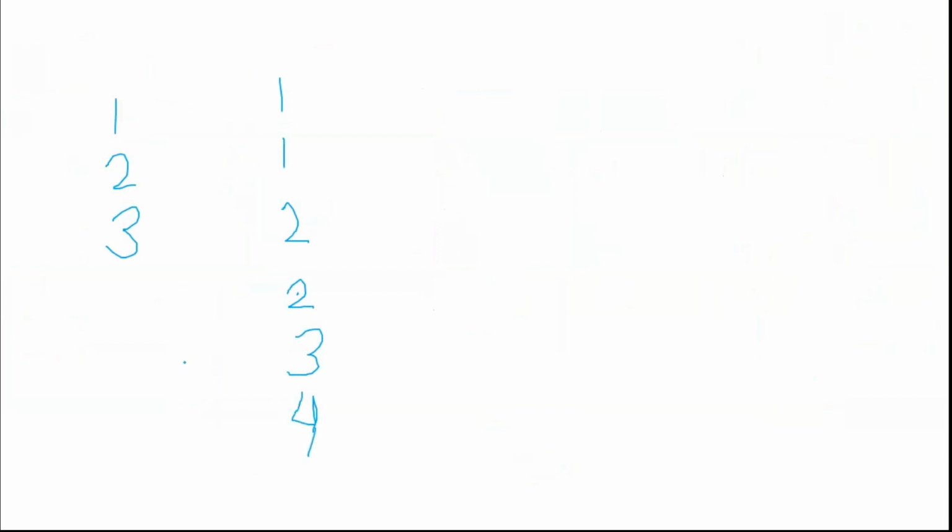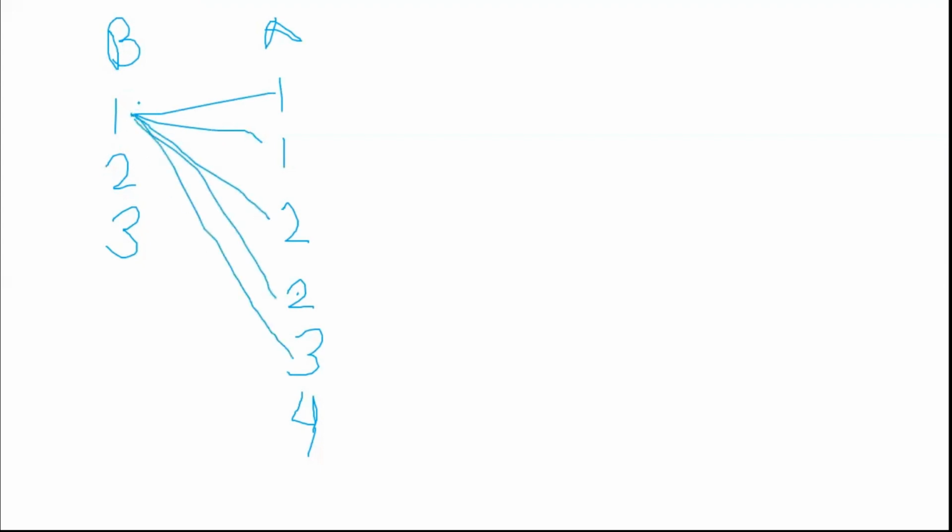So this is your table number 1 and this is table number 2. If I use B as the first table and A as the second table, then it works like this. One of B will scan the whole elements of table A, right?